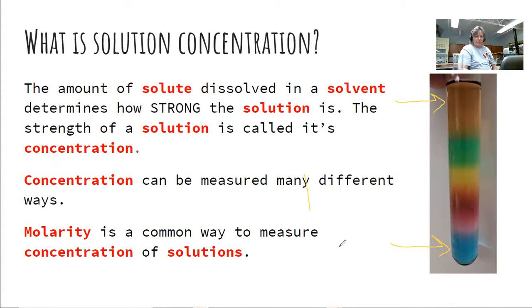So very strong sugar at the bottom, mostly water at the top. The strength is called the concentration. It's how much solute is dissolved in the water, or in the solvent. We can measure concentration in different ways, but a very common way used in chemistry is called molarity. So molarity is a common way to measure concentration.